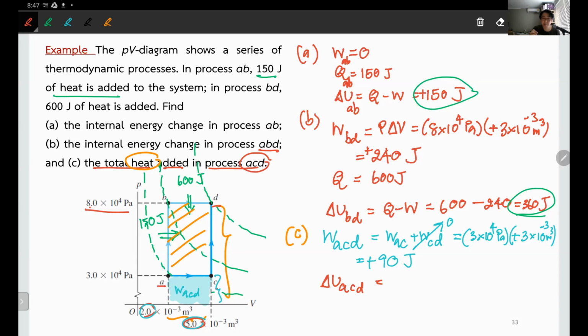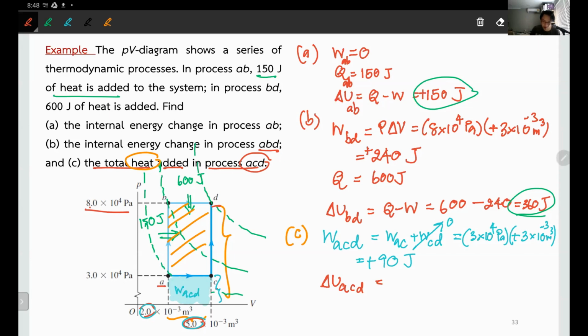And I think that is the purpose of this exercise. Remember, the key feature of the internal energy is path independence. So that means I don't mind which path you want to take from A to D. The delta U must be the same.